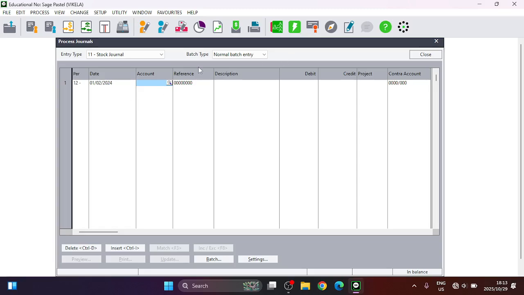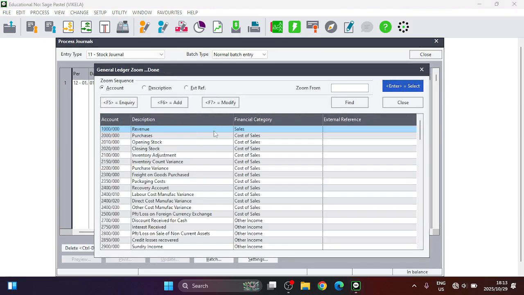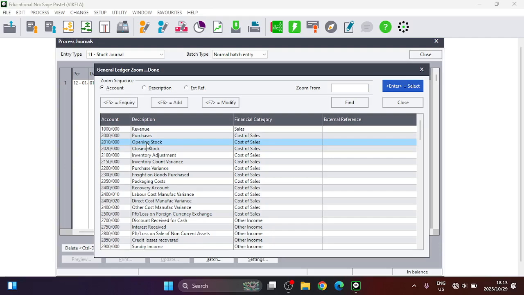Now here, I want to explain to you how opening stock, or opening inventory, will be used. Let us now find it, and then I will explain how Pastel has captured this description. They are calling it opening stock, which is fine.